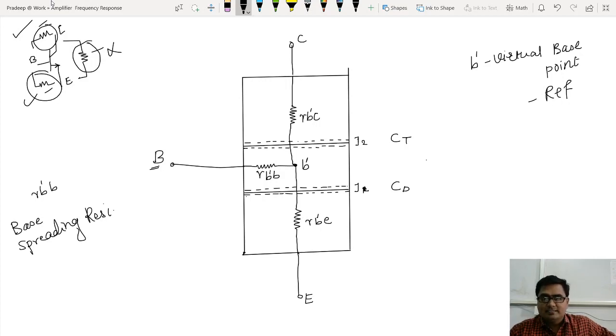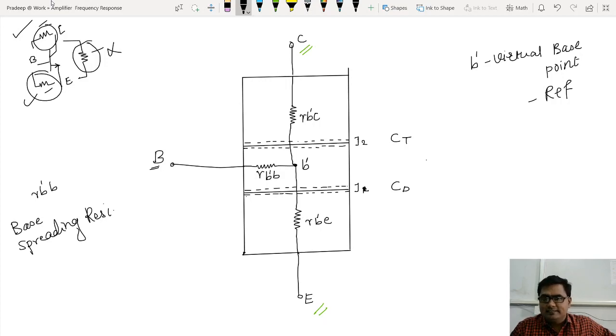Do I need to draw a complete line from collector to emitter somewhere? No, it's not possible. It is present, but I can't show it in the structure because of my reference point. So one resistor is there that cannot be shown here.